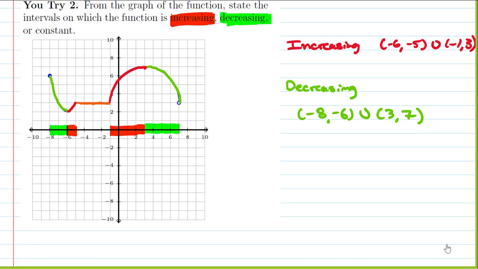So then we're constant here, and that's going to be from -5 to -1. And that gives us our intervals of increasing, our intervals of decreasing, and where our graph is constant.